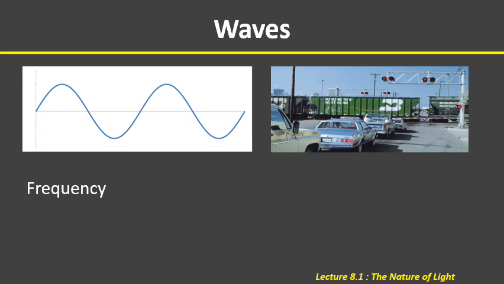The next thing is frequency. Frequency has the symbol nu, which looks kind of like a cursive v. Okay, it's a Greek letter. And the frequency is the number of waves that pass you in a specific interval of time.